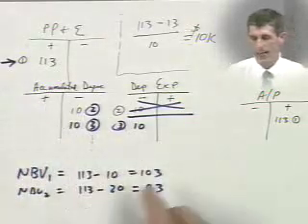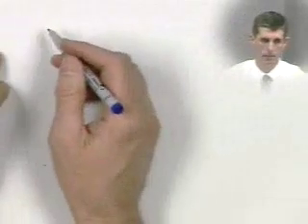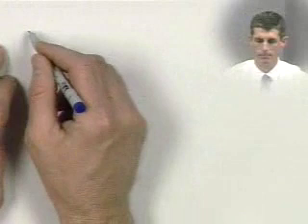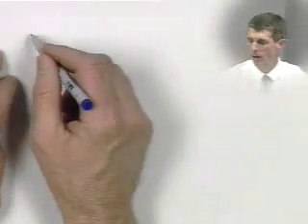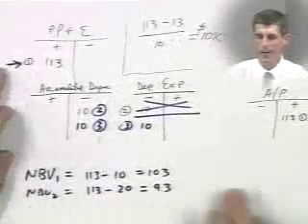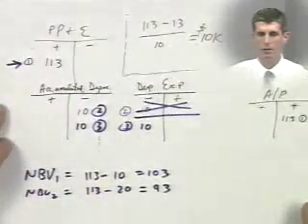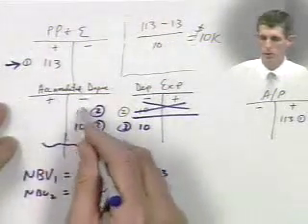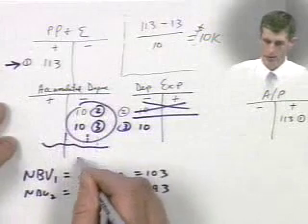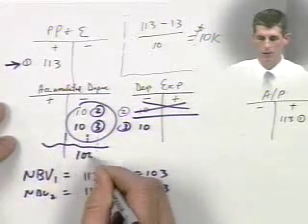Okay, we are now at the end of the year. The end of year 10. And what happens? We sell this piece of equipment for how much? $13,000. What is the net book value at the end of year 10? Total accumulated depreciation is going to be how much? $100,000.